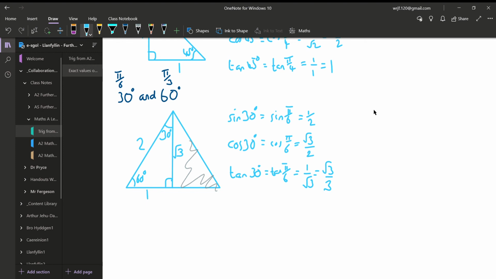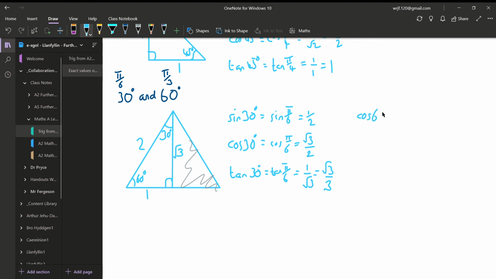Now if we switch our focus to the bottom corner, the 60-degree corner, I'm going to switch the order of these trig functions around. I'm going to put the cos one first, and hopefully it'll be obvious in a second why.